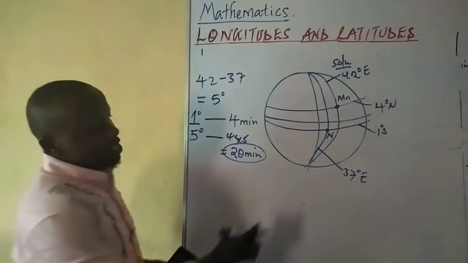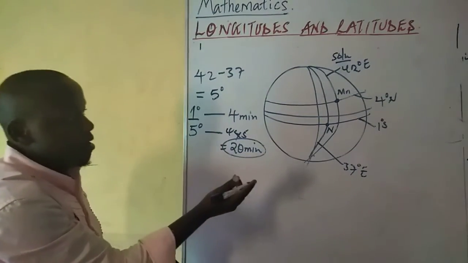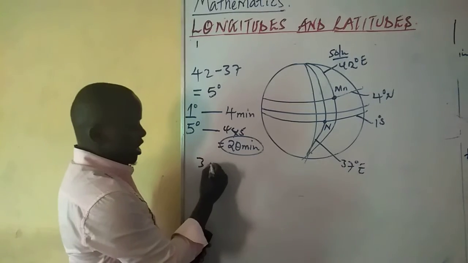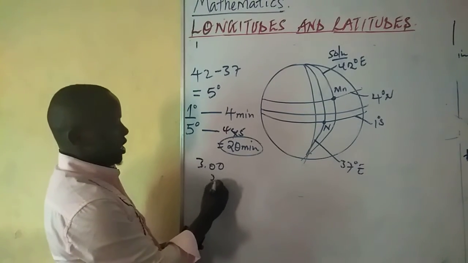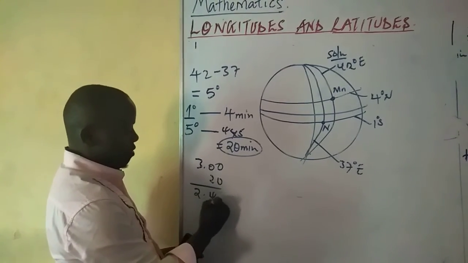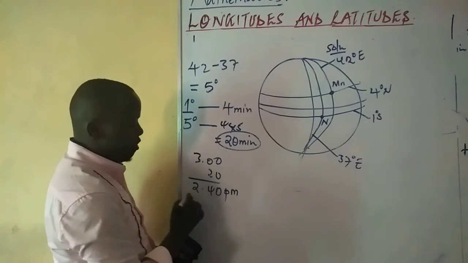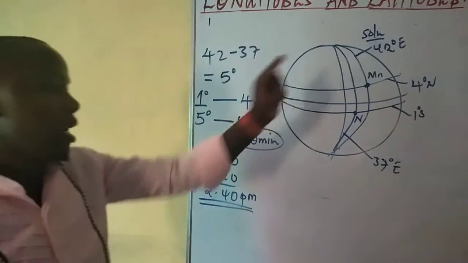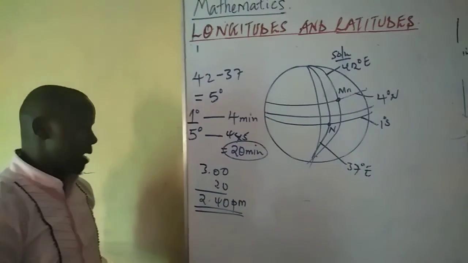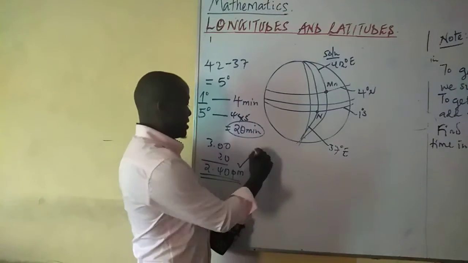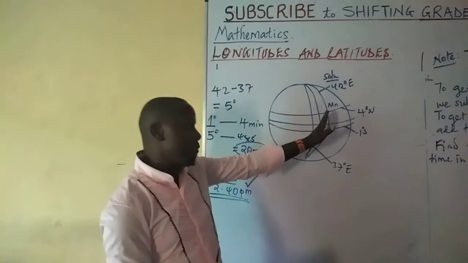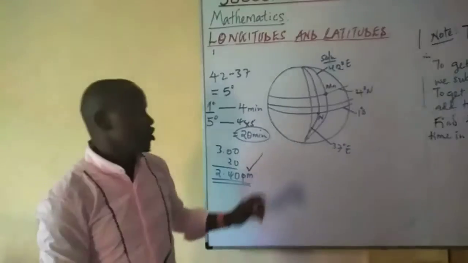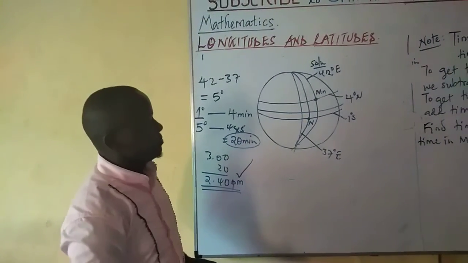Therefore, because Nairobi is behind in time for being in the west, we will subtract. 3 p.m. less 20 minutes gives us 2:40 p.m. Therefore, Nairobi is 2:40 p.m. while Mandera is at 3 p.m. Time in Mandera is ahead because Nairobi is in the west of Mandera. It is behind in time. So that's how we calculate it.